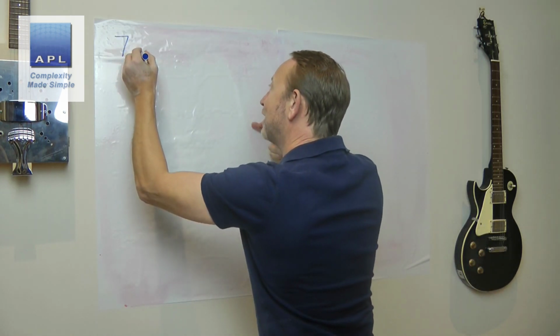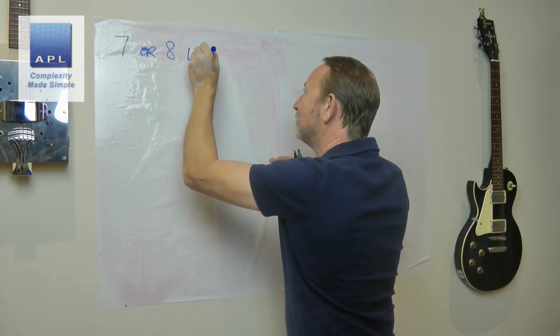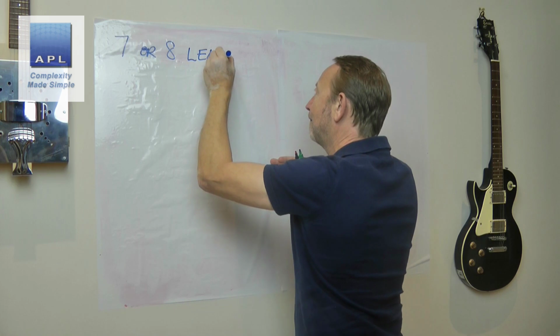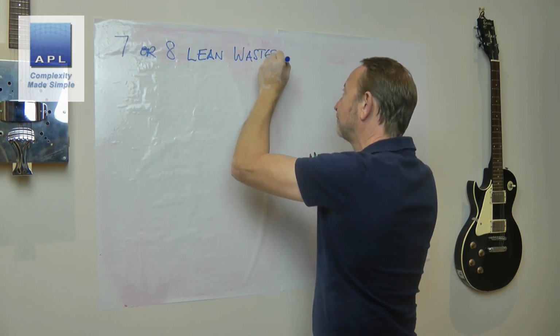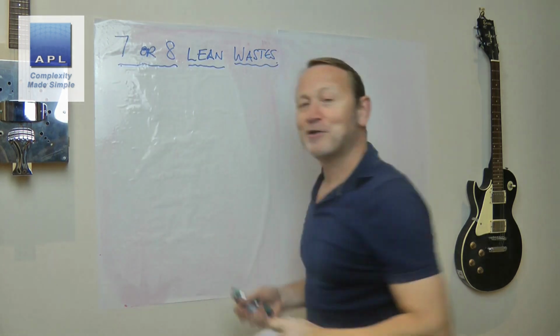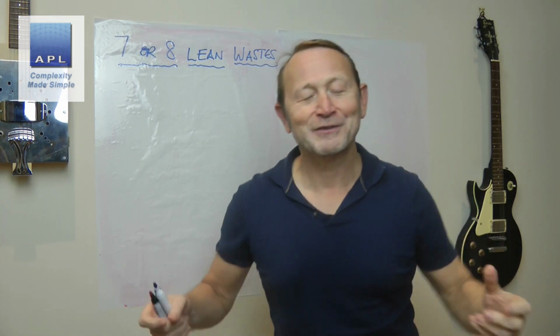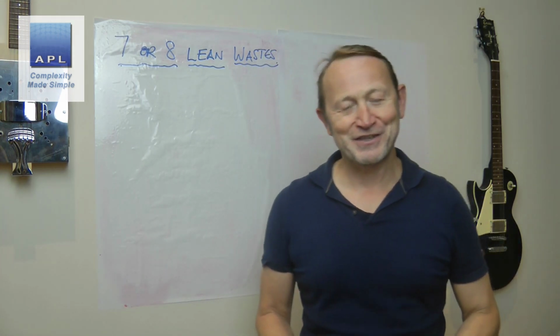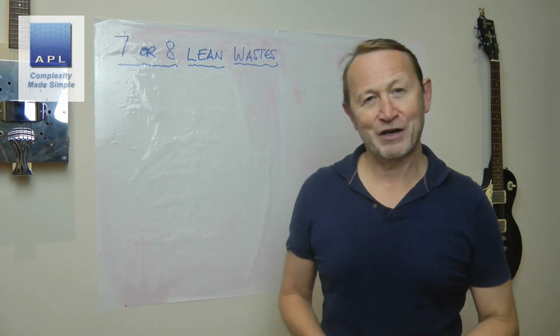He recently made a video about 7 or 8 lean wastes, and I think Tom knew when he made the video that he might be giving me a little prod and waking up a bee's nest. So I thought I would make another video on this subject.